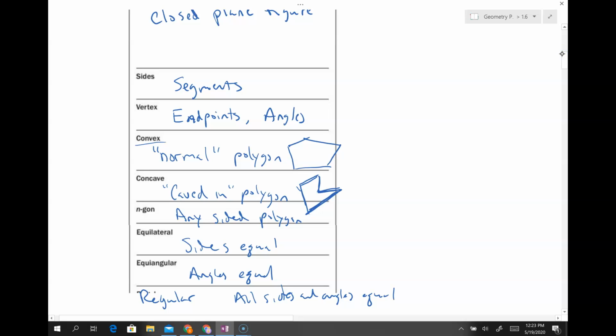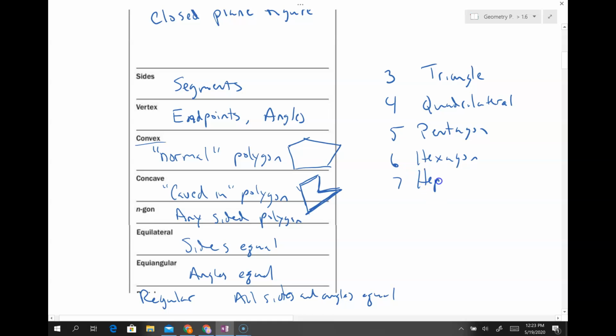I think the other thing we kind of need to remember is, a three-sided shape is called a triangle. Four-sided is a quadrilateral. We did this before. Five-sided is a pentagon. Six is a hexagon. Seven we refer to as a heptagon.